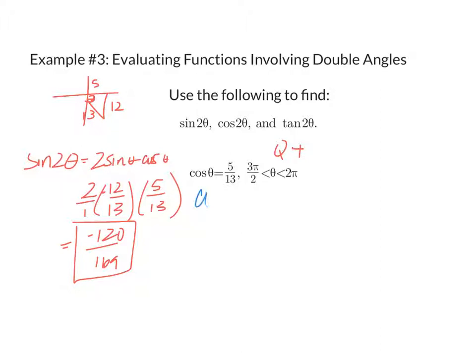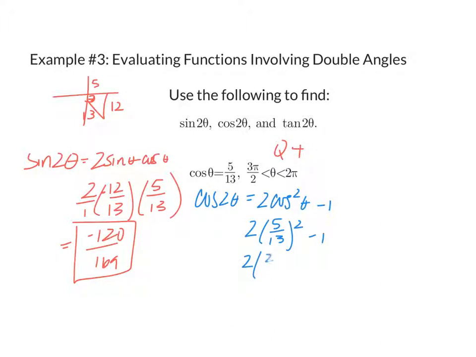If I want to find cosine of 2 theta, you can pick any of the 3 options, but I'm going to use 2 cosine squared theta minus 1. So cosine squared, remember, would be 5/13 squared, minus 1. I chose that one because cosine is positive here. We need to square the 5/13, so that becomes 25 over 169.